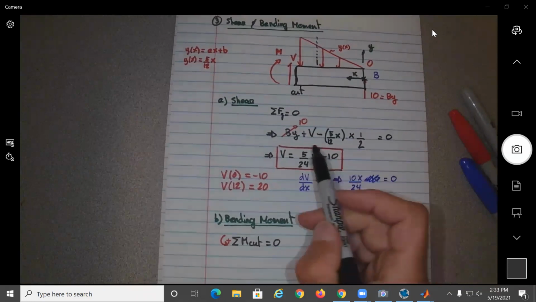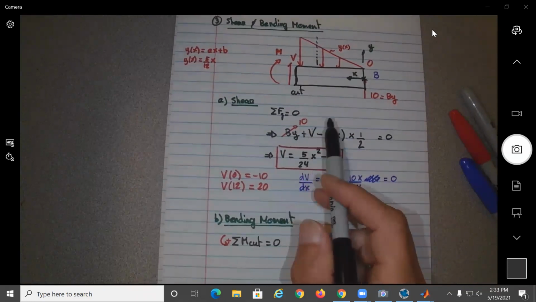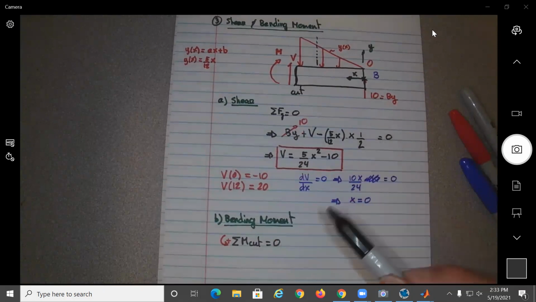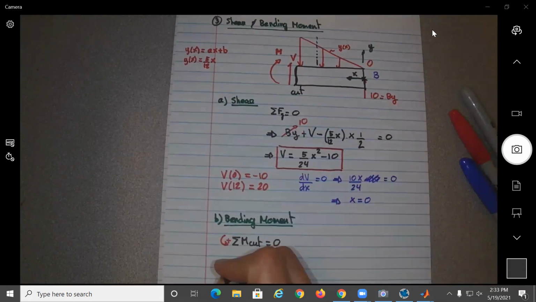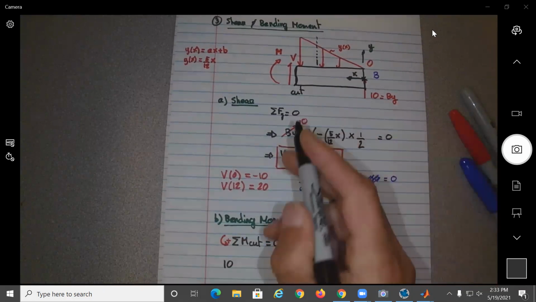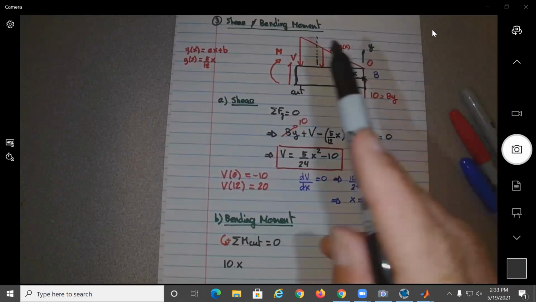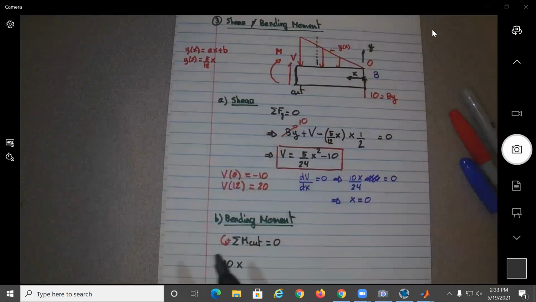We know By, so we take the moments about here. This one will be 10 times, what is the distance here? X, no? That moment will be going counterclockwise, so that will be positive.